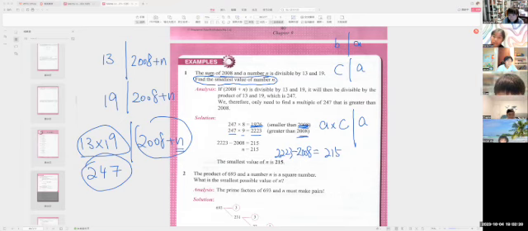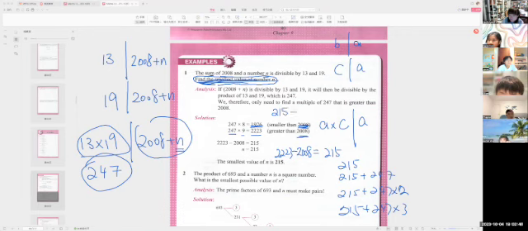But if it doesn't ask you to find the smallest value of n, n could be 215, and could be 215 plus 247, and could be 215 plus 247 times 2, and 215 plus 247 times 3. So if there's no find the smallest value, this number could be unlimited. Get it, everybody? Okay, so if you want to write, you can say it's 215 plus 247 times x.